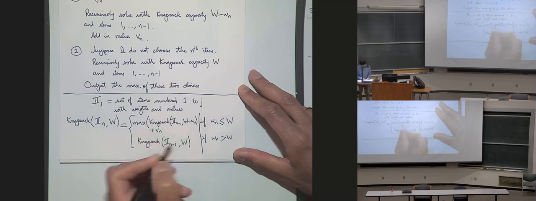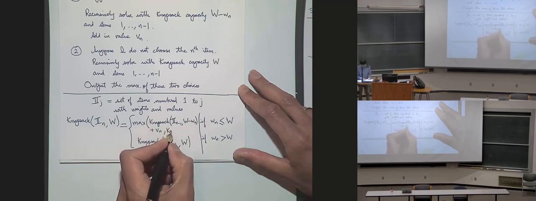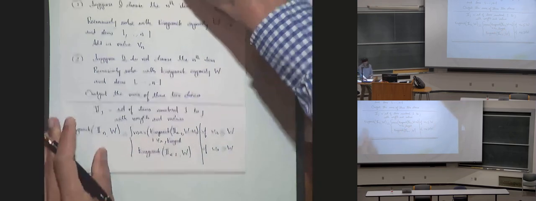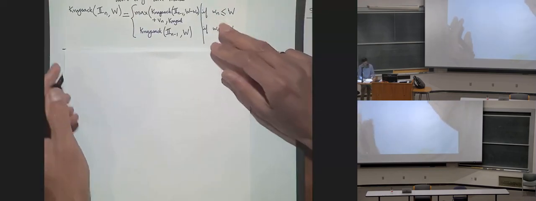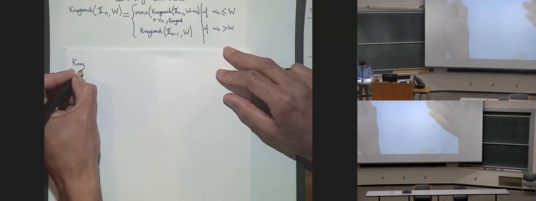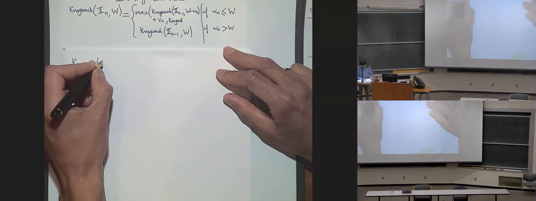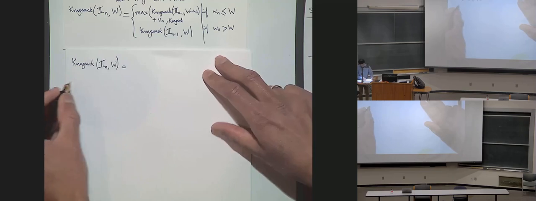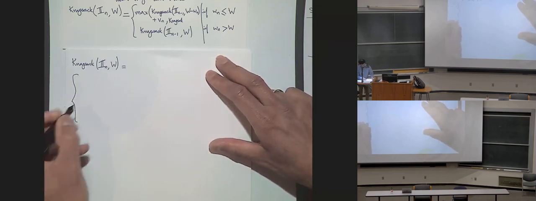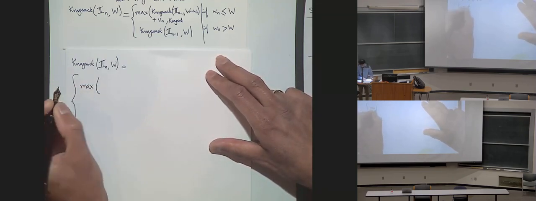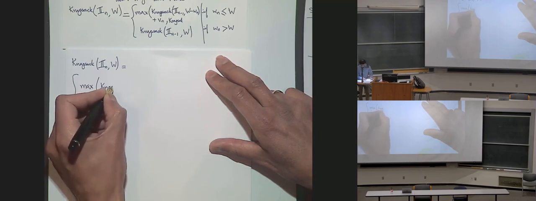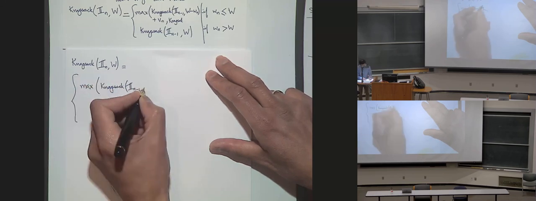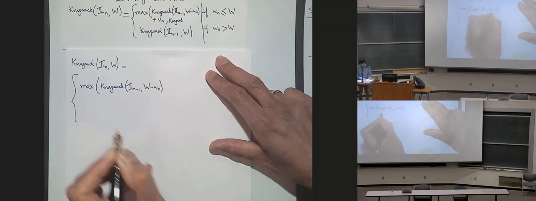Sorry, this is getting a bit messy. I'm going to write this out separately. So I'll put down the cases over here. The first one says you take the max of knapsack I, n minus 1, W minus little w_n.